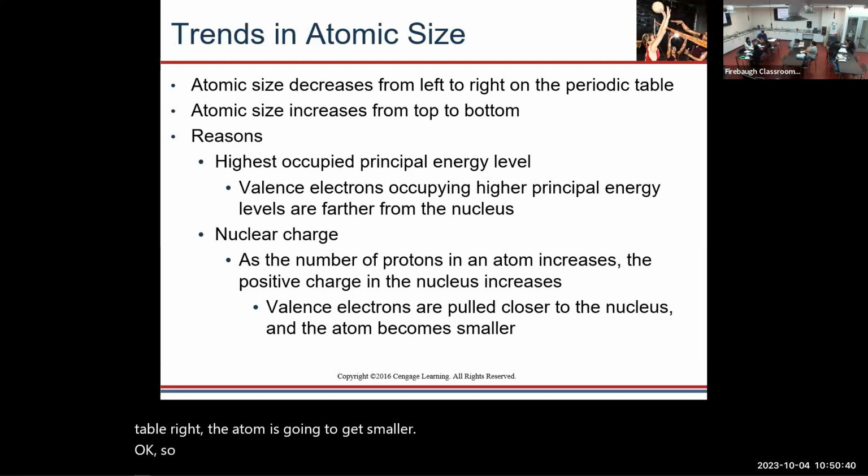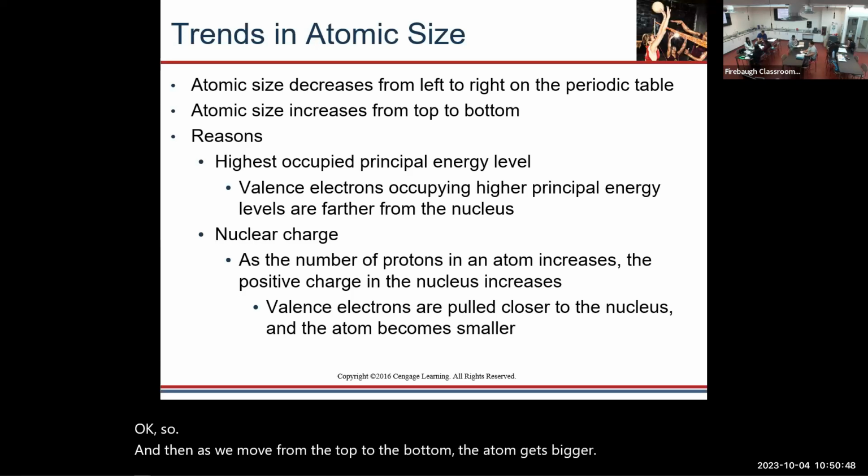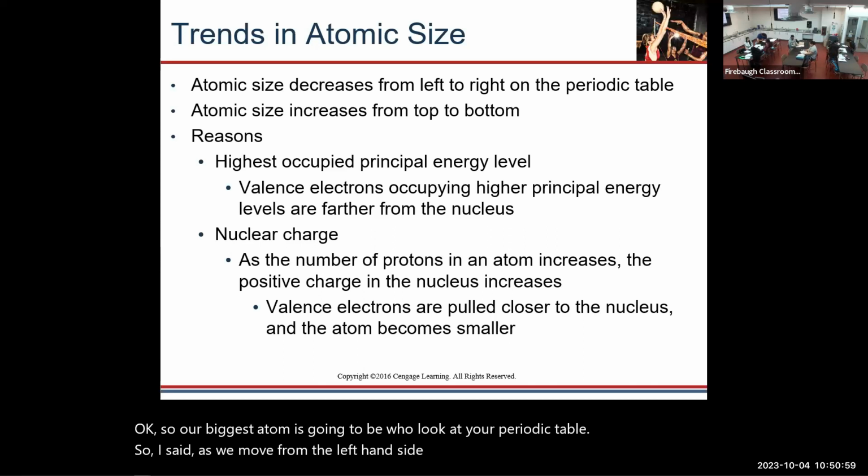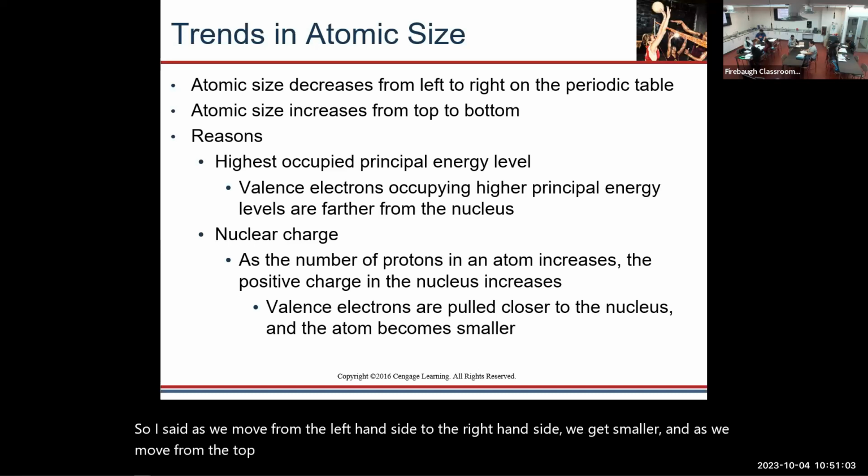And then as we move from the top to the bottom, the atom gets bigger. Okay. So our biggest atom is going to be who? Look at the periodic table. So I said as we move from the left-hand side to the right-hand side, we get smaller. And then as we move from the top to the bottom, they get bigger.